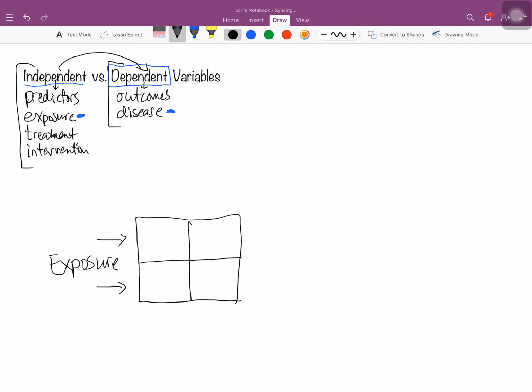And this would be yes, and this would be no. And most statisticians then put the disease as the column variable. So this would also be yes and no. And this is the conventional way of doing it. And the thing that you'll notice about this is that our yes, yes, somebody got exposed and they have disease, is in this top left corner of the 2x2 table.